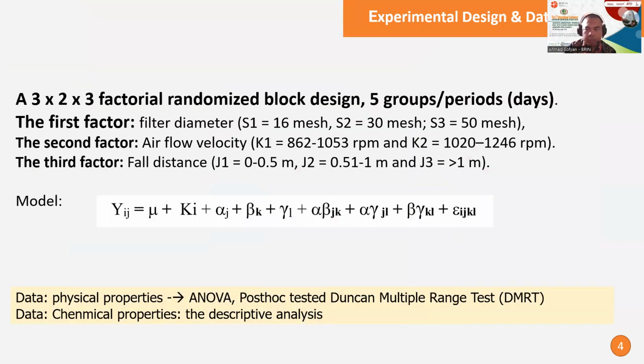My research design was a factorial randomized block design with five groups and three factors of treatment. The first is filter diameter, and the second is airflow velocity, high and low speed of airflow.